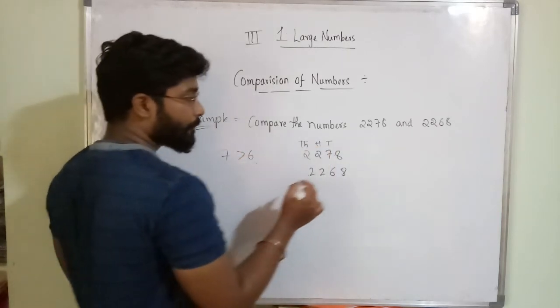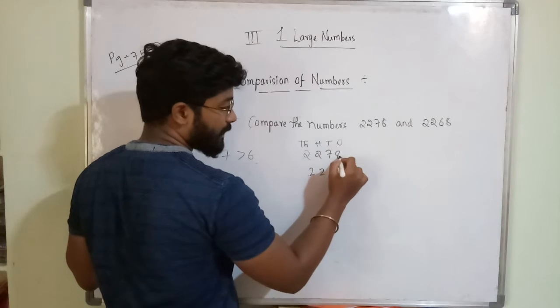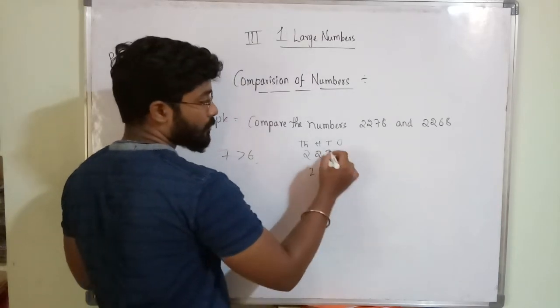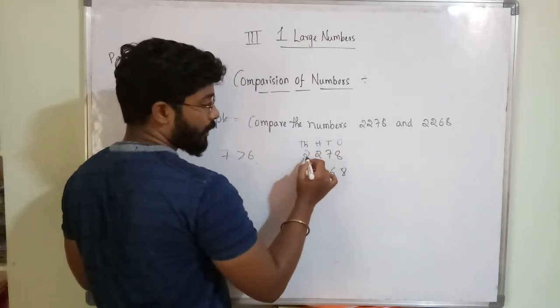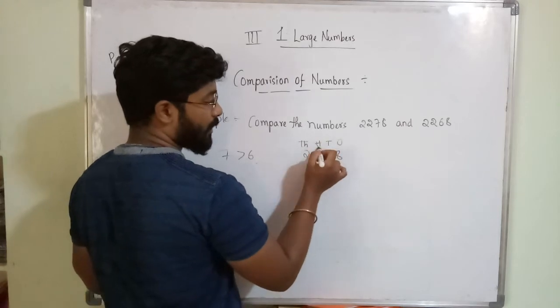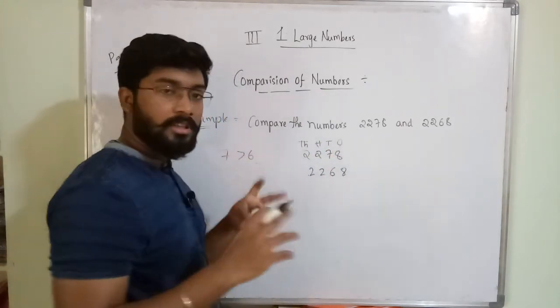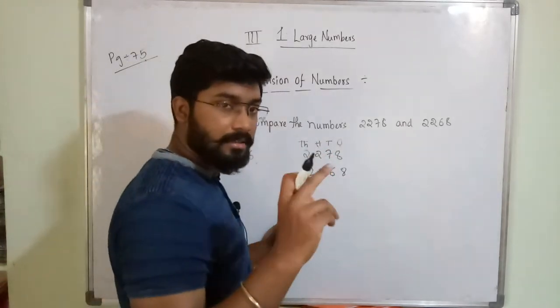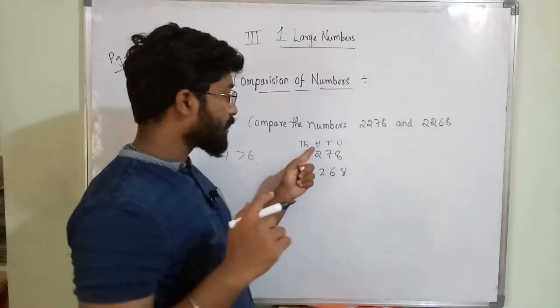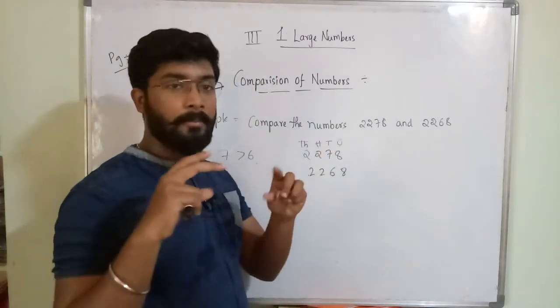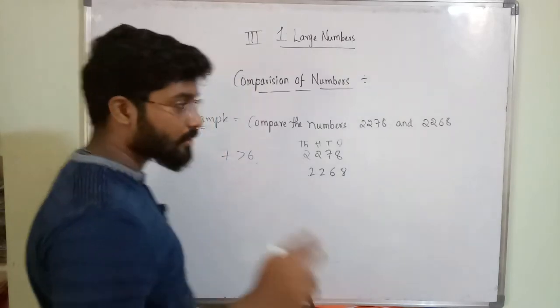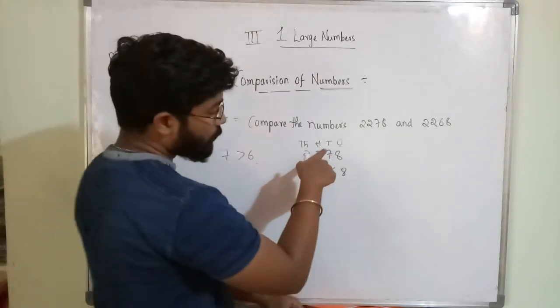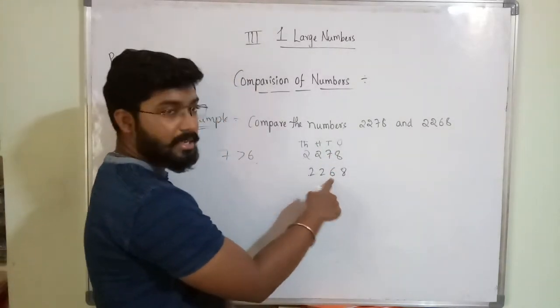In the ones place, 8 and 8 are the same. So in the thousands place, hundreds place and ones place, both numbers have the same digits. But in the tens place you have 7 here and 6 here. Only in that same place there is a change in the digit.